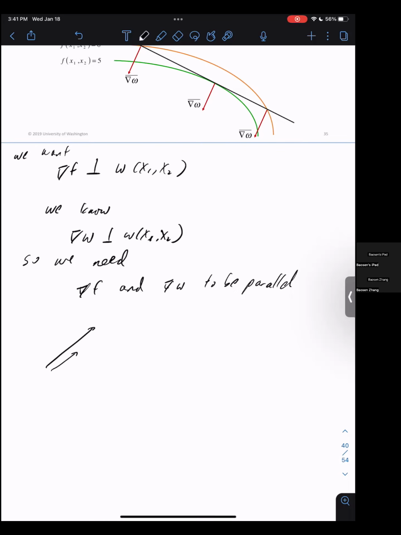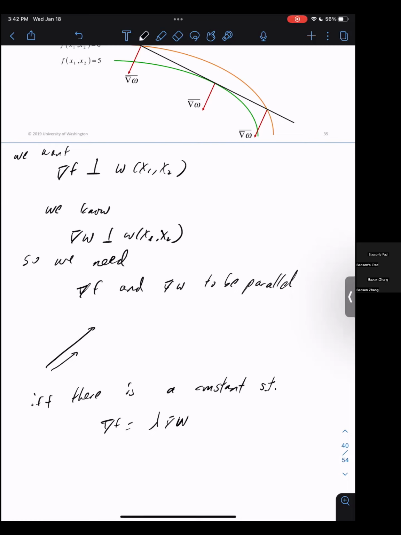So this is true if there is a constant such that this thing equals lambda times this. This is if and only if. Algebraically, we define two things as parallel if I can find this constant such that this is true. This is the definition of parallel.